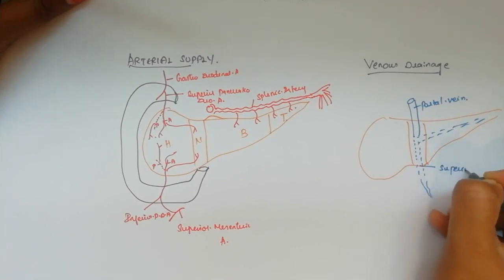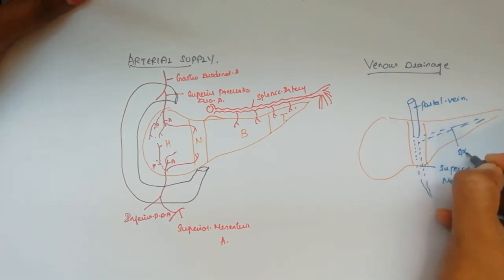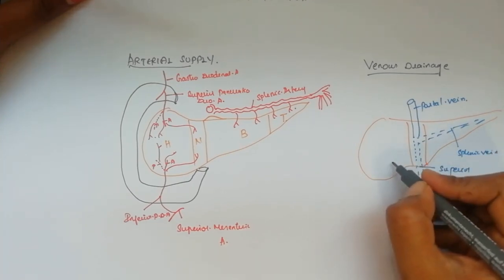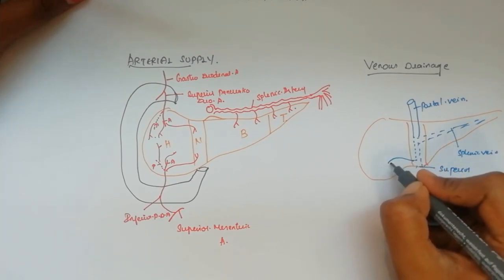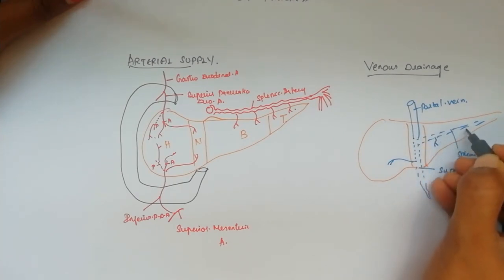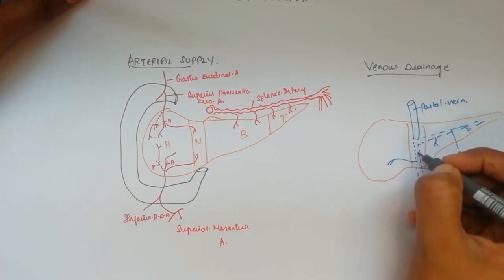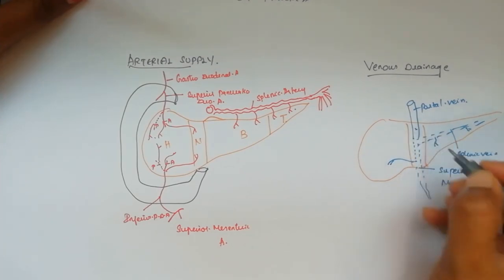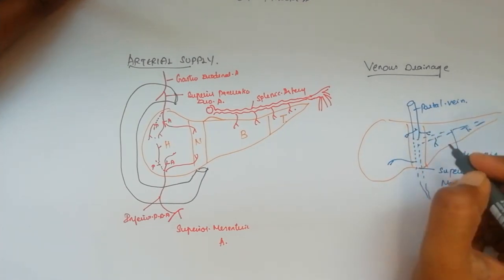Head and neck are getting drained into one area of lymph nodes, and body and tail are getting drained into another area of lymph nodes. Here we have the spleen over here, and this is the duodenum. Between the groove of the pancreas and the duodenum, we have one group of lymph nodes arranged, and between the tail and spleen, we have another group of lymph nodes arranged.